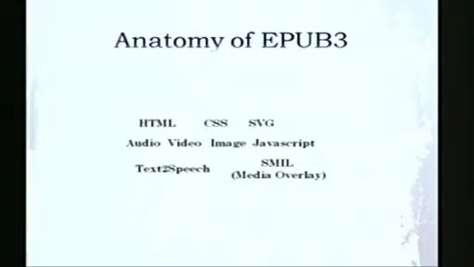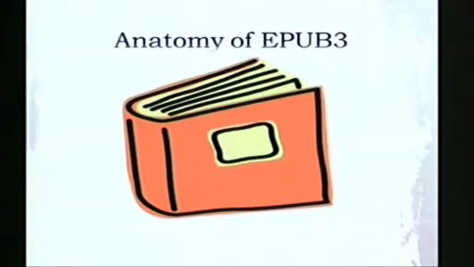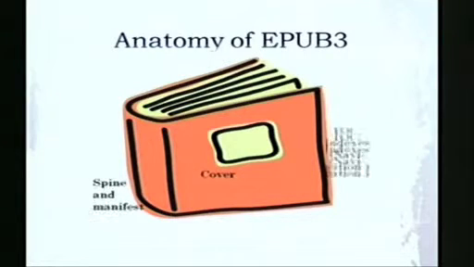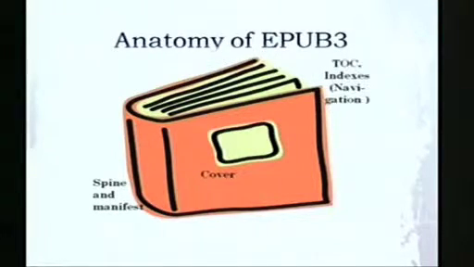But this is not good enough. To make a book, we need more. We need a cover sheet, we need spine, we need table of contents and indexes. And by the way, table of contents and indexes are just HTML documents, HTML5 documents in the XML syntax.